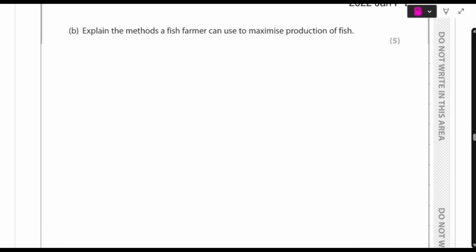Explain the methods a fish farmer can use to maximize the production of fish. So a fish farmer can use several methods to maximize the production of fish. The first of them is separating the fish, judging from their age, size, and mass.